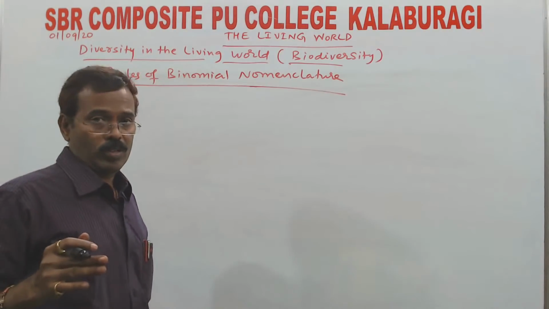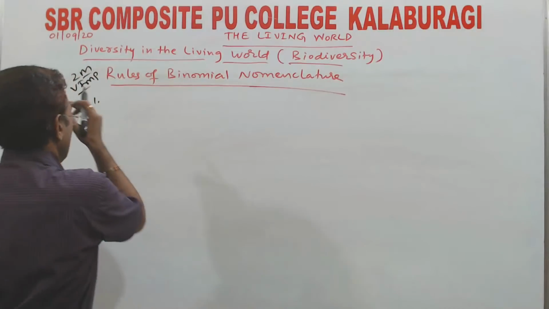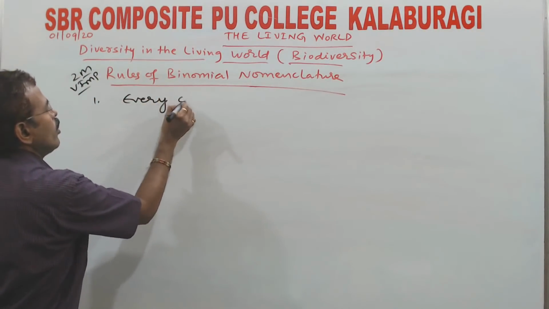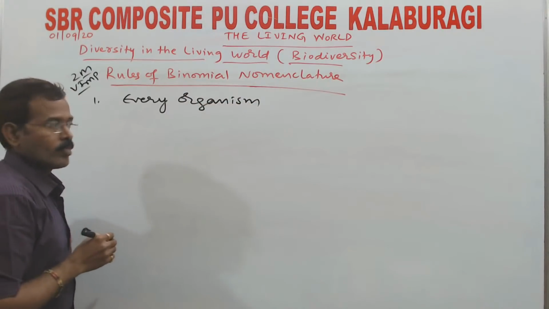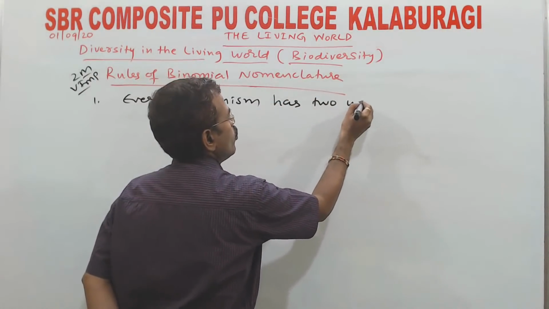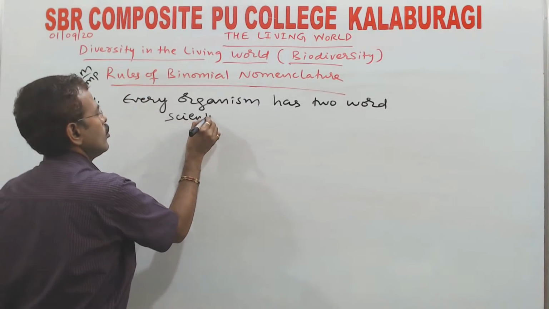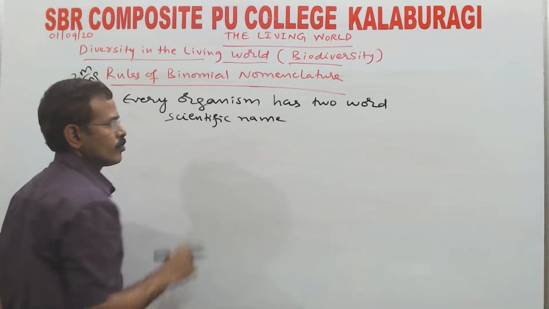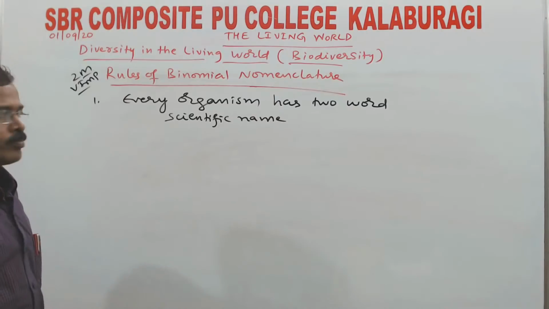I told you the rules are framed by ICBN and ICZN. The first rule: every organism has a two-word scientific name.